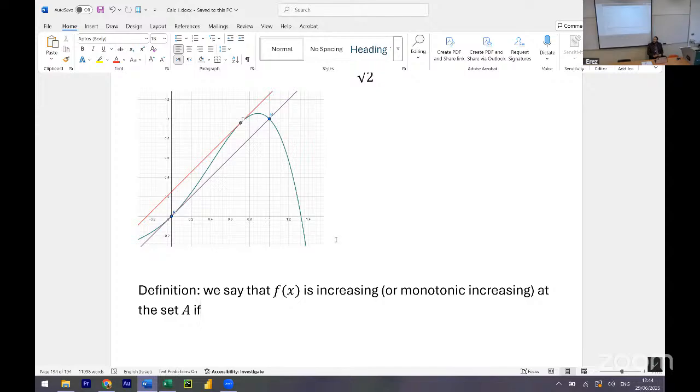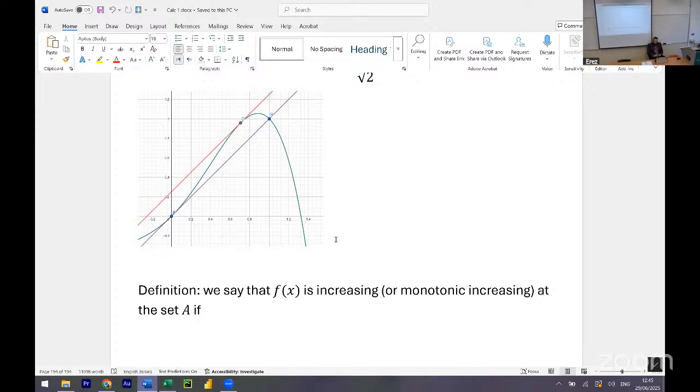In sequences, do you remember what's the definition of an increasing sequence? What's the definition of monotonic increasing in a sequence? Every element of the sequence is larger than its previous, right? In functions, you cannot do that because there is no previous. Saying 0.1, does it have a previous point on the x value?